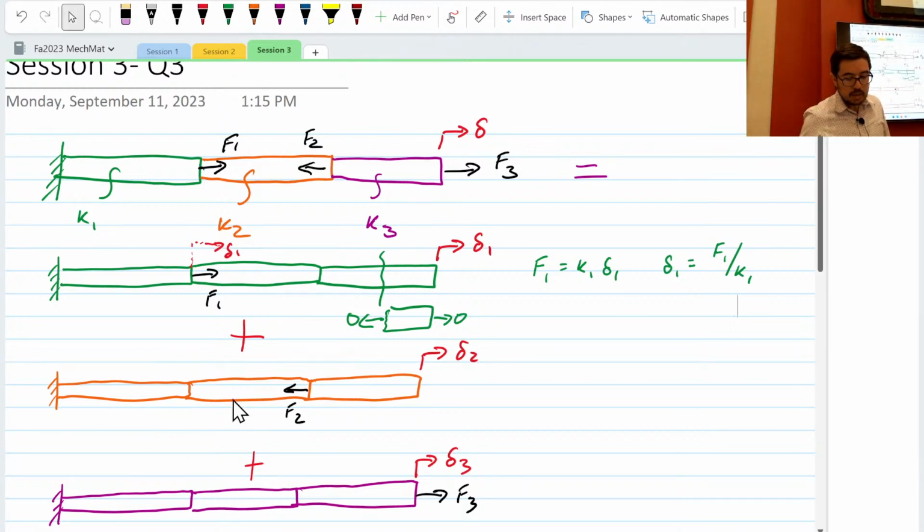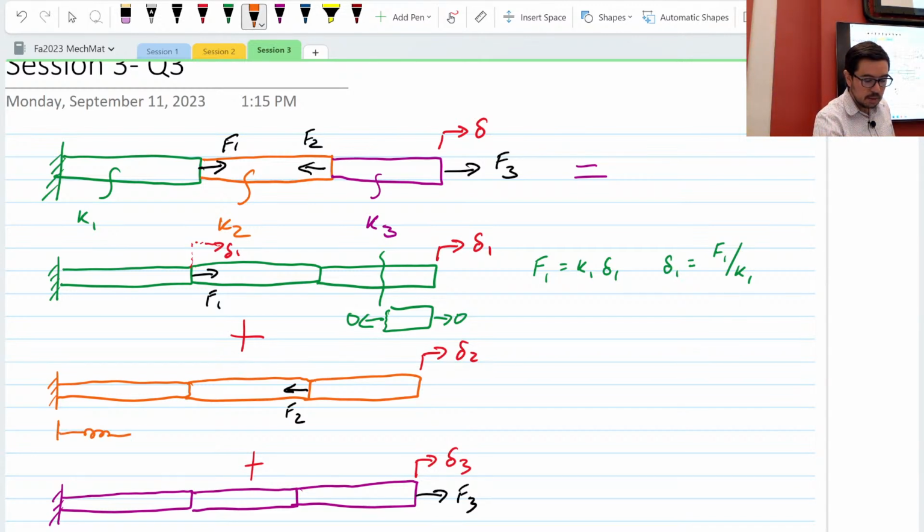In this case, I have some delta 2 I'm interested in. This member is going along for the ride, but F2 is going to be acting on both of these members. And these are springs in series. So I can think of this as two springs in series, right?